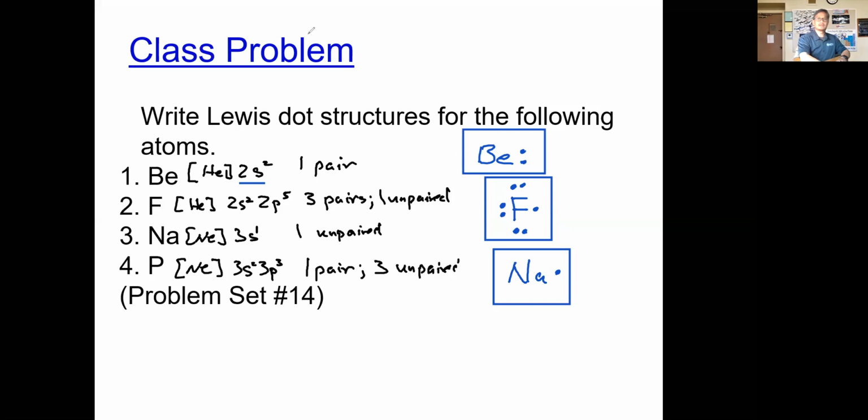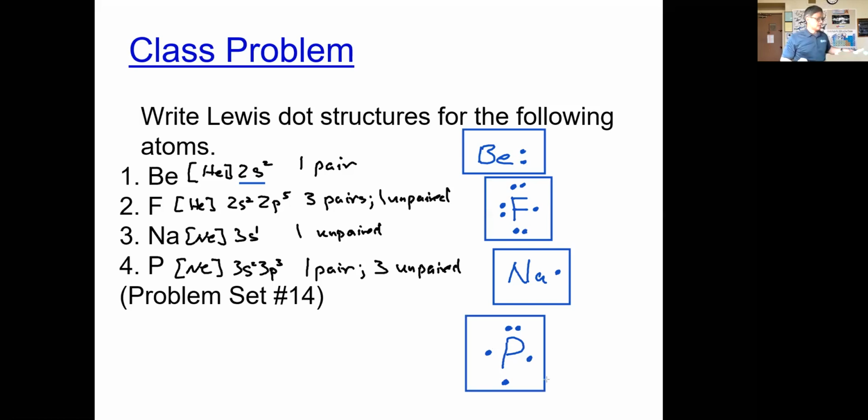Okay. And so let's go ahead and write out the symbol for phosphorus, which is going to be P, making sure then that around here we place 2 dots that are paired. Okay, so we have 1 pair there, and the remaining 3 are going to be separate from one another, and they're going to be unpaired. Okay. All right, so that now is the Lewis dot structure for phosphorus.